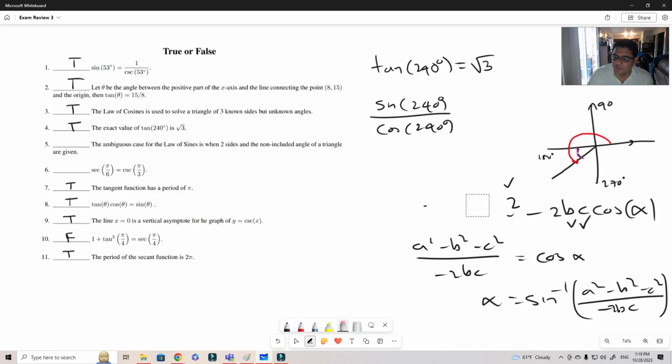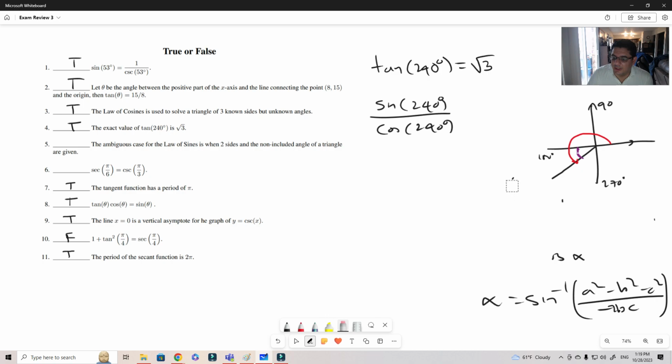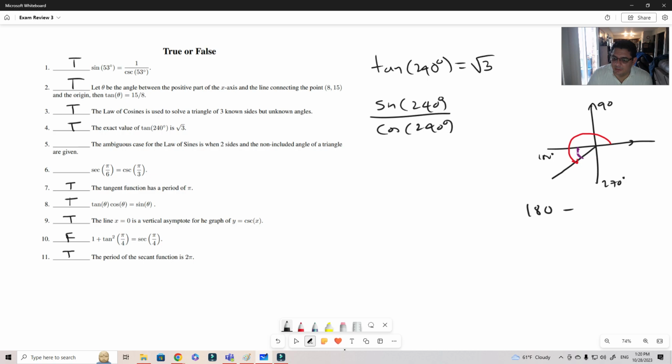I just need to do the angle minus 180, as you can see from taking the two different angles to find the difference. So 240 minus 180, and that's going to give me 60.